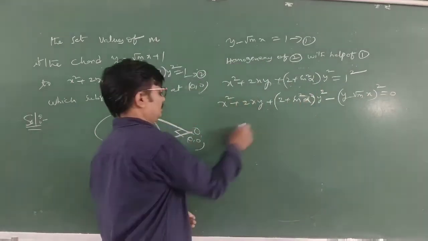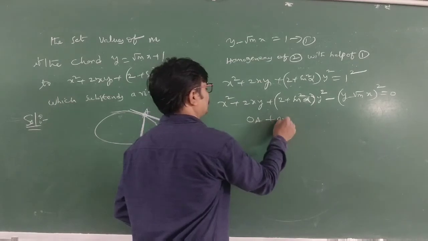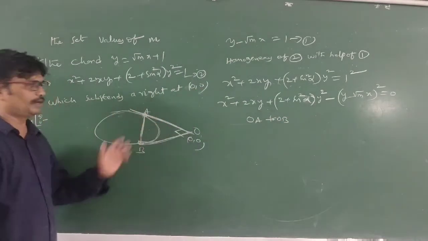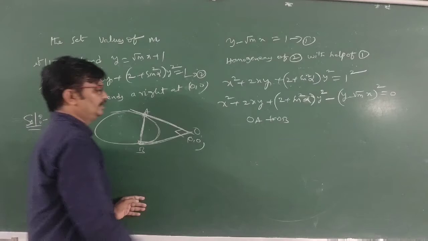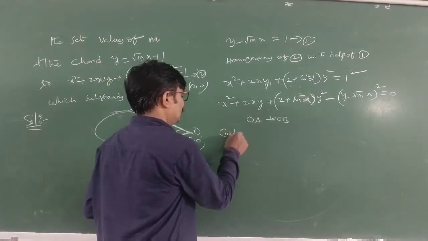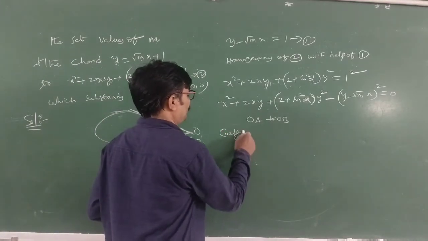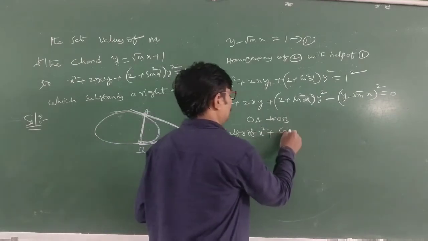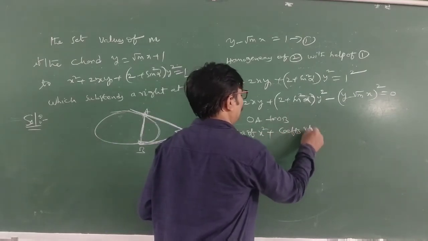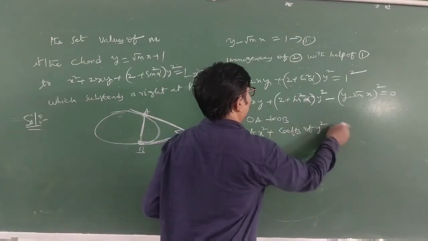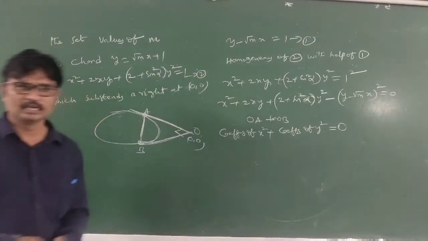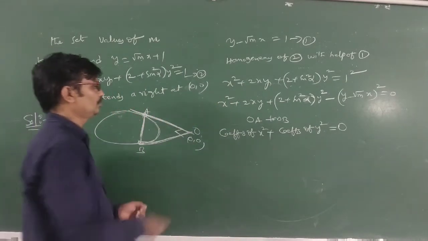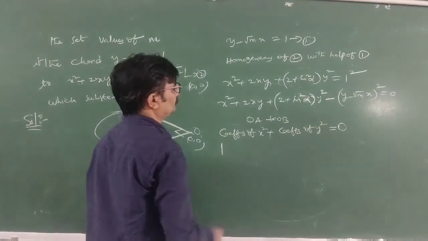So it is given that OA is perpendicular to OB. When OA is perpendicular to OB, undoubtedly, students, the coefficient of x square plus the coefficient of y square will be 0. This is 1.